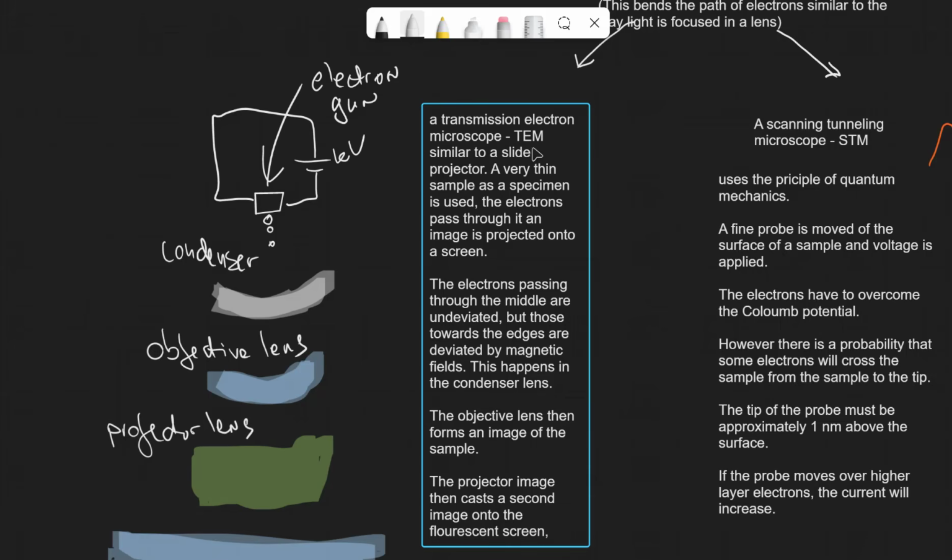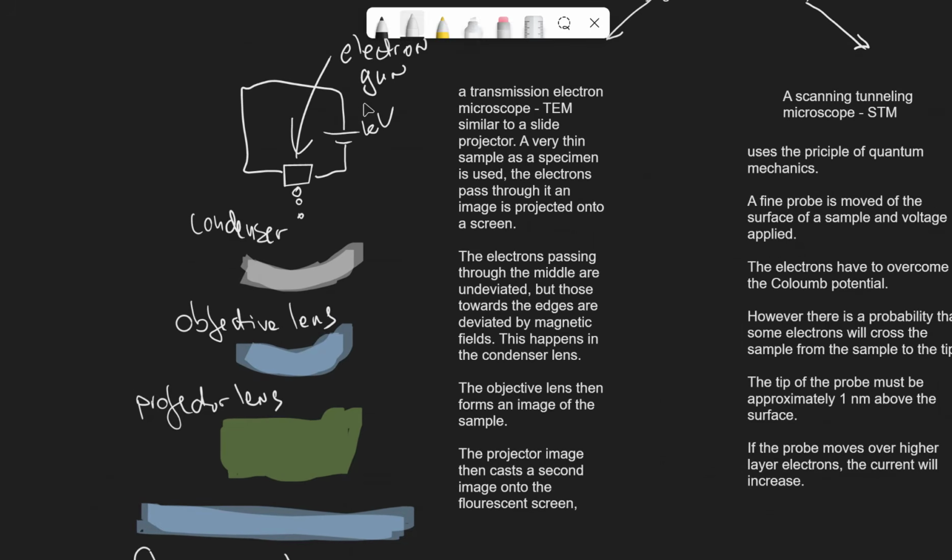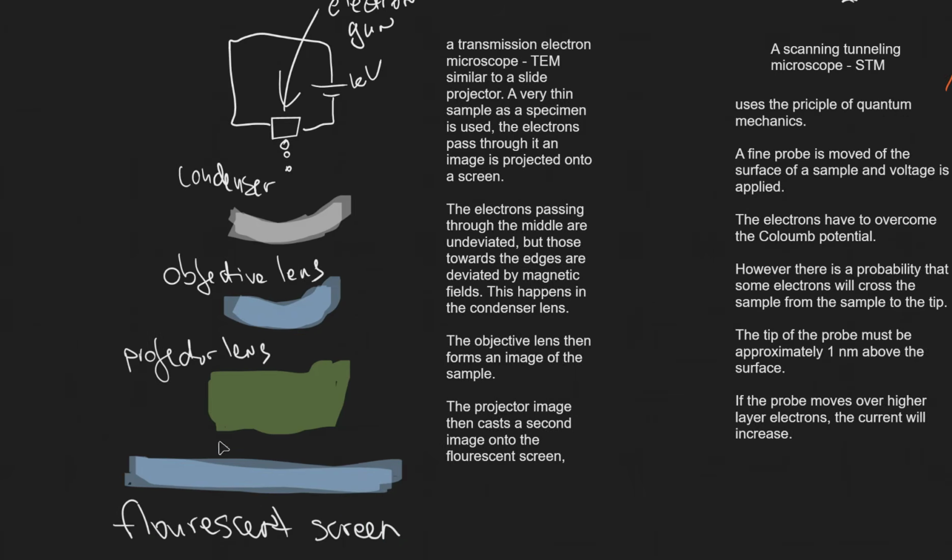One of them is the TEM, the transmission electron microscope. I've got a very basic diagram here, but we have an electron gun, and that electron gun accelerates these electrons that go through the condenser first, and then they get focused via the objective projector lens, and then finally end up producing an image on this fluorescent screen.